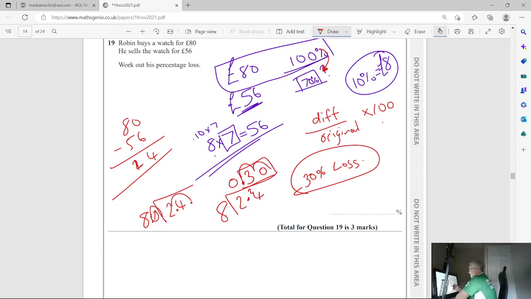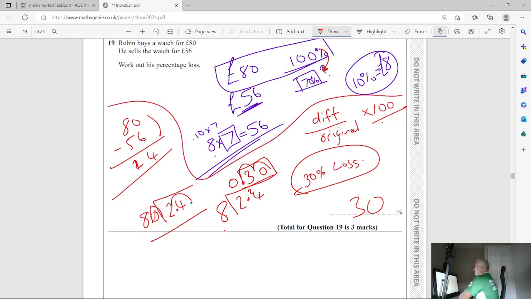So the difference divided by the original times by 100 gives me a 30% loss. It was worth 100%. It's now worth 70%. It's dropped by 30%. So two different ways of doing that. Mathematically is in the red, logically is in the purple.